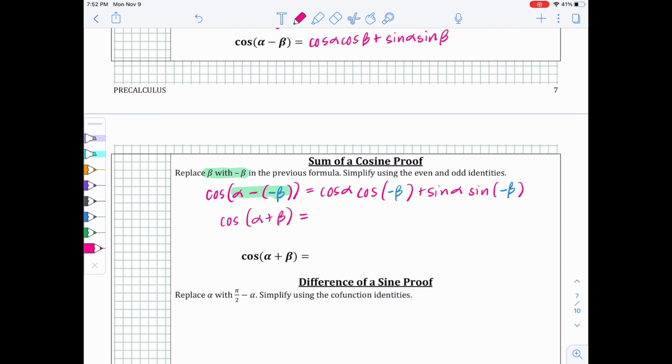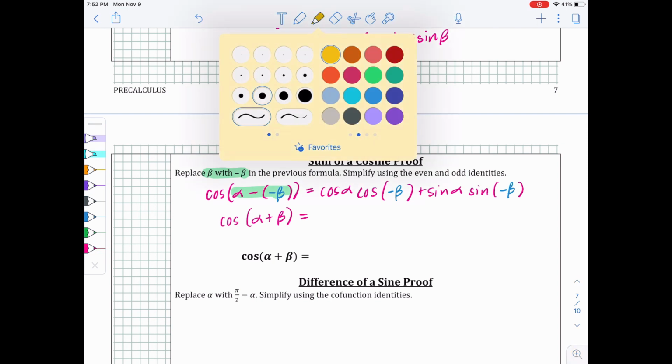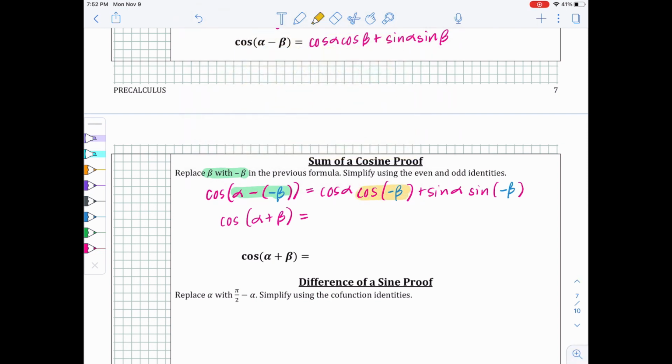On the other side, for the cosine of negative beta, because cosine is an even function, that negative does not impact the overall sign of the term. So the cosine of alpha times the cosine of negative beta is equivalent to the cosine of alpha times the cosine of beta.